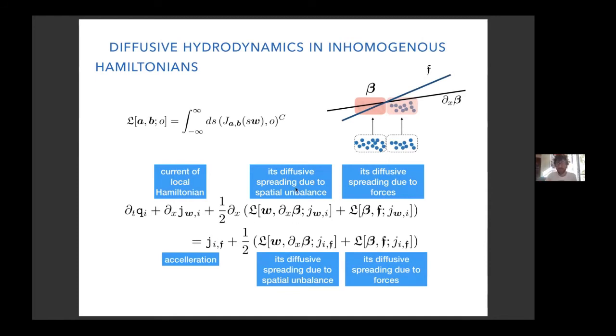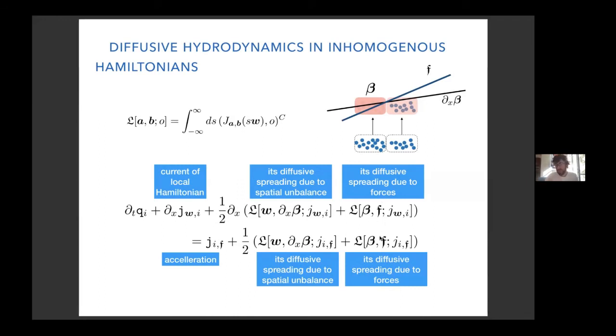Basically we have diffusive spreading of the current locally due to the spatial imbalance of chemical potential. We have diffusive spreading of the acceleration, which also in a sense undergoes diffusion due to the Hamiltonian evolution. But we also have diffusive spreading of the local current and of forces due to the forces. Namely, the forces also induce some diffusive spreading.